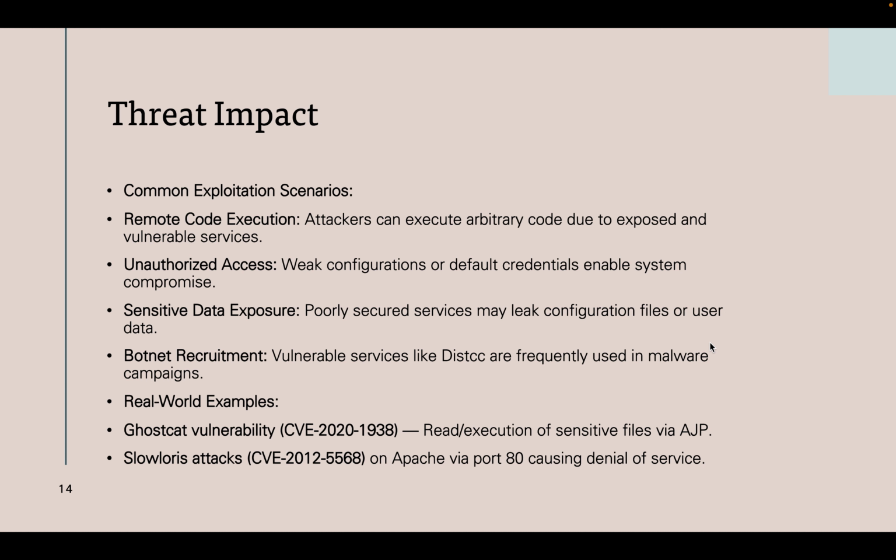So this has a high threat impact. Scenarios could be remote code execution, unauthorized access, sensitive data exposure, and botnet recruitment. Real-world examples of this are the Ghostcat vulnerability and the Slowloris attack.